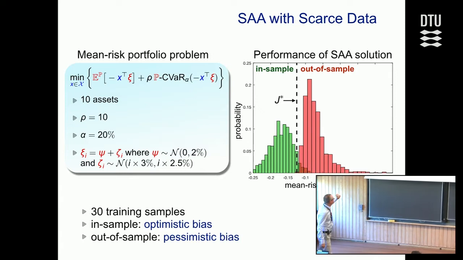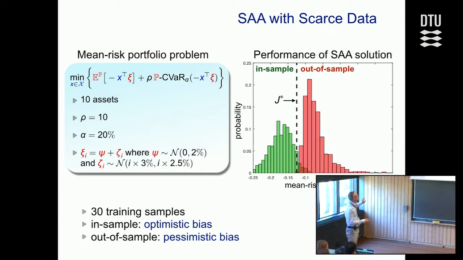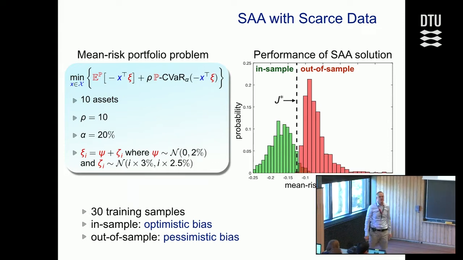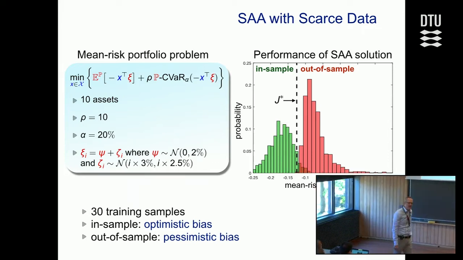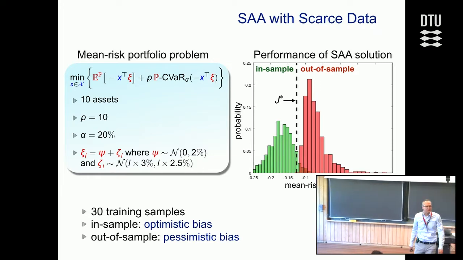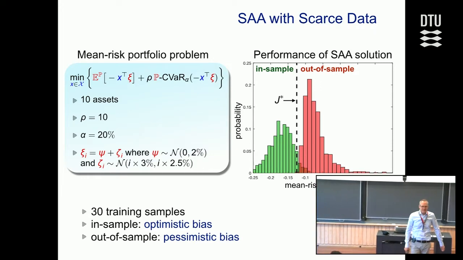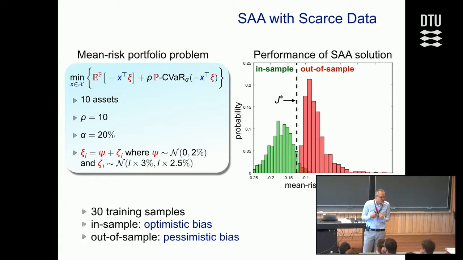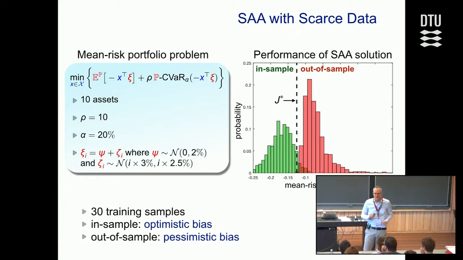We have 10 assets, and I assume that the xi i's here, which are the returns of the different assets, follow some normal distribution that I construct in a particular way. Okay? So I make up the distribution. So that means I know the distribution. But I'm not going to tell the distribution to the optimization problem.